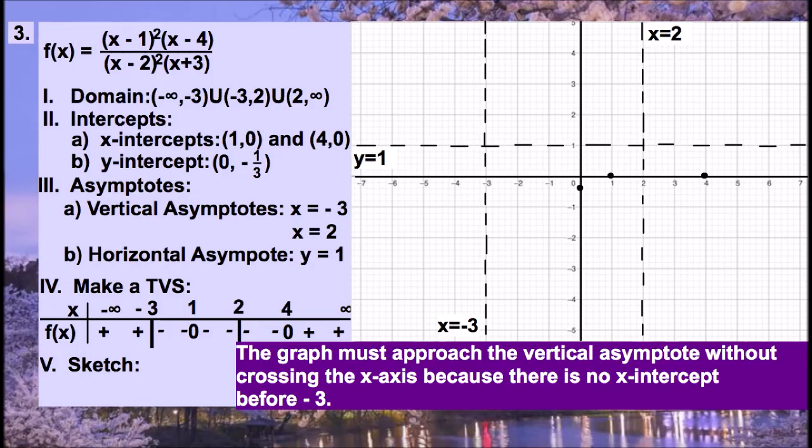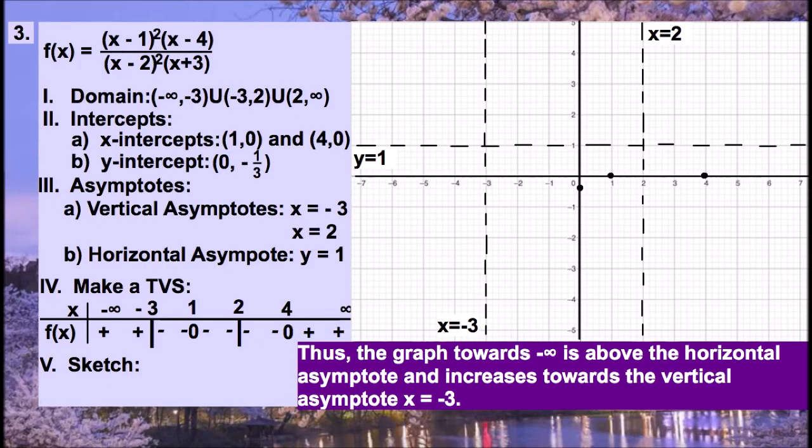The graph must approach the vertical asymptote without crossing the x-axis because there is no x-intercept before negative 3. Thus, the graph towards negative infinity is above the horizontal asymptote and increases towards the vertical asymptote x equals negative 3.